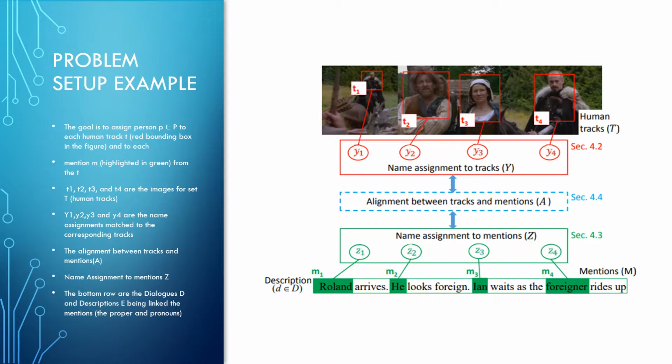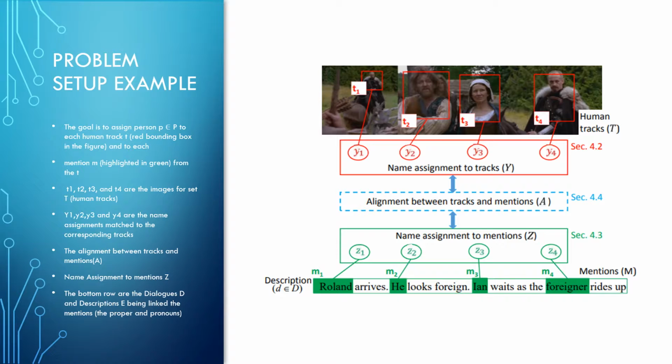Here we have an example to the right that's actually taken from the paper itself. Once again, the goal is to take all this information so we can assign each human track a person from our set P. The snippet of the video itself is the human track, denoted for each person represented in the picture as T1, T2, T3, T4.